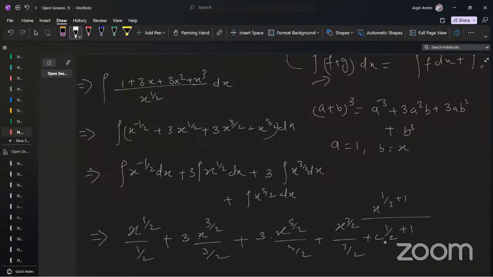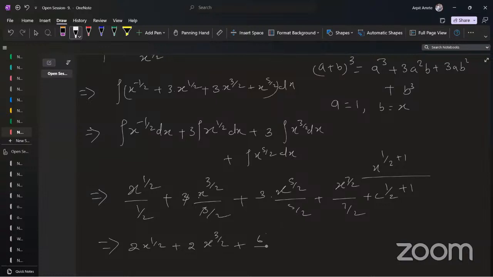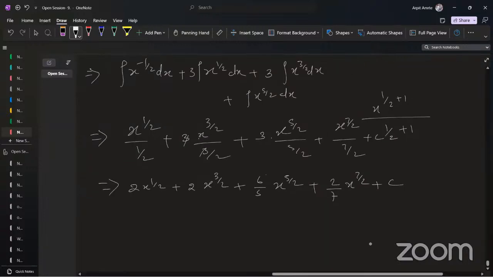Okay, this constant is coming from the integration. So it will be 2 times x raised to the power half, plus 3 times 2 by 3 cancelled, so 2 times x raised to the power 3 by 2, plus 6 by 5 x raised to the power 5 by 2, plus 2 by 7 x raised to the power 7 by 2, plus a constant.